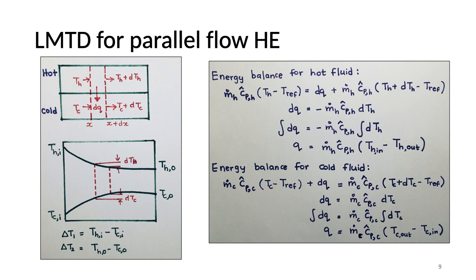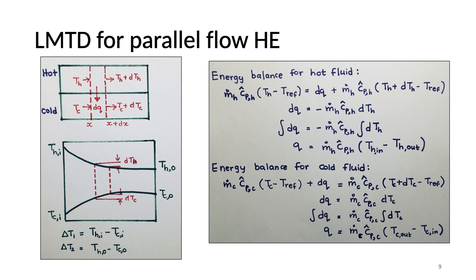The energy flowing in is equal to m dot h Cph times Th minus T reference. And this incoming energy is equal to the energy leaving, assuming steady state conditions. So the energy leaving is dq plus m dot h Cph times Th plus dTh minus Tref.